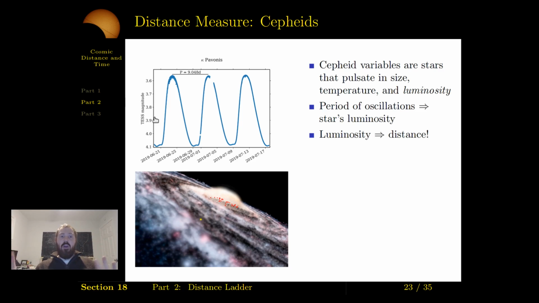And the important trick: if we can find the time of these oscillations, how long it takes to go from trough to trough or peak to peak, it doesn't matter. You measure the period. In this particular case it's about a 9-day period. You measure how long it takes, and that, through physics and astronomy calculations, corresponds to luminosity.